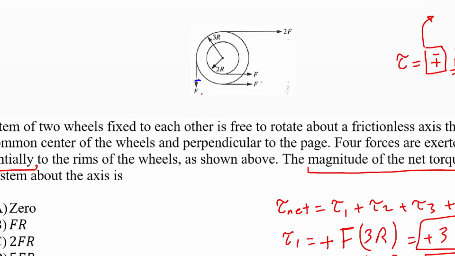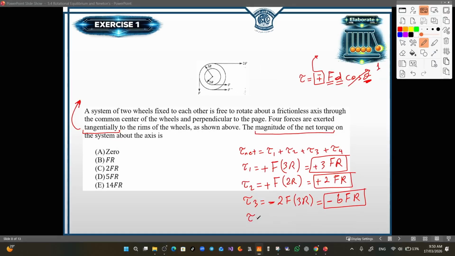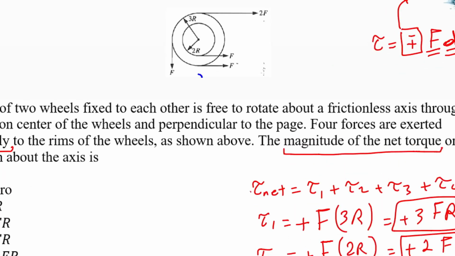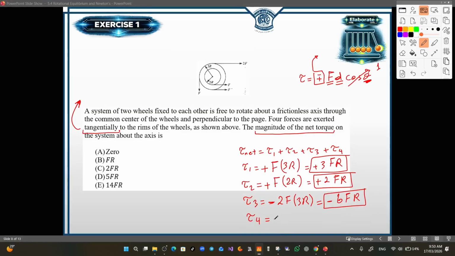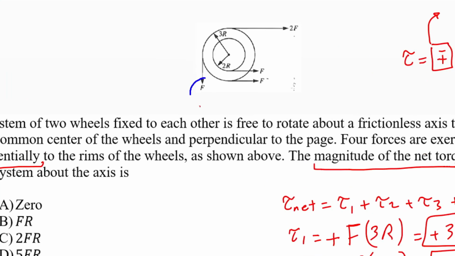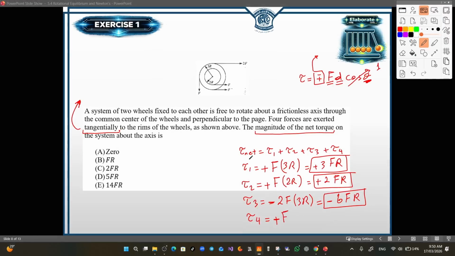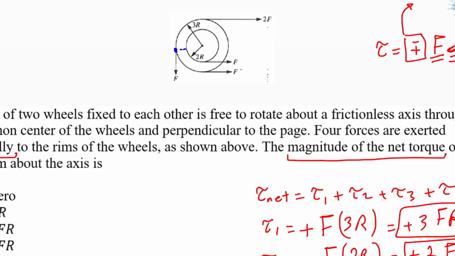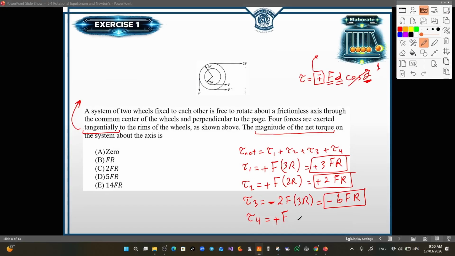The last force is F, so tau 4: this force is rotating the wheel in the counterclockwise direction, and the sign is plus. The force is F, and the distance to the pivot is the outer radius, 3r. So tau 4 is plus 3Fr.